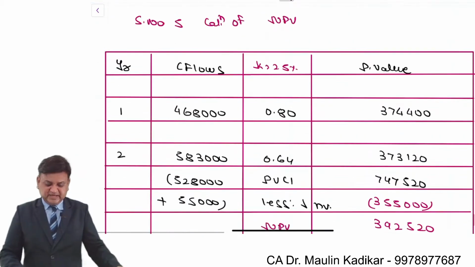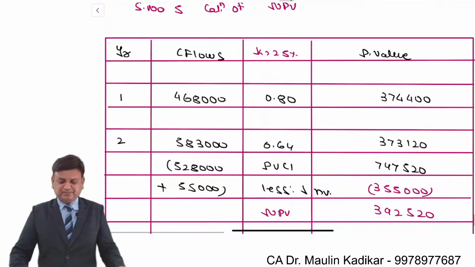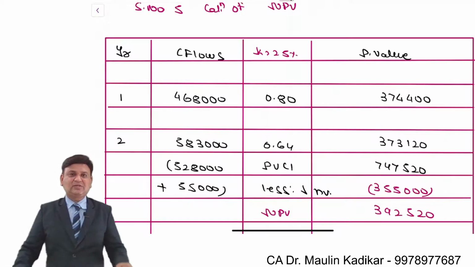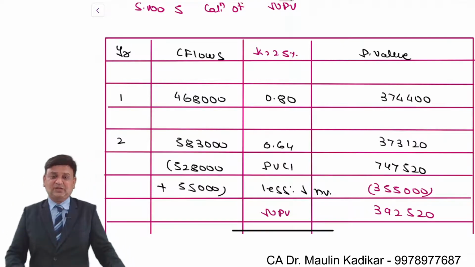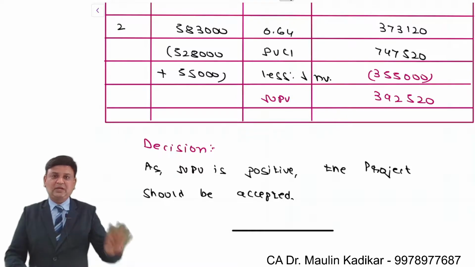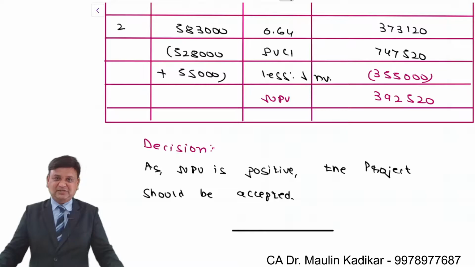Of course, going with the IRR is slightly time consuming, but IRR would be more than 25%. Why? Because at 25% NPV is positive, so to reduce NPV, you have to increase the cost of capital. So IRR is more than 25%, and based on the IRR also, the project would be accepted. So by all the 4 criteria, you would have the same decision.